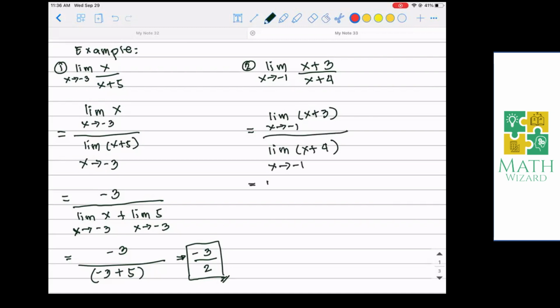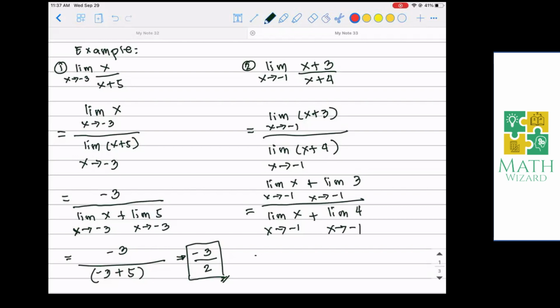So this becomes the limit of x as x approaches to negative 1 plus the limit of 3 as x approaches to negative 1 over the limit of x as x approaches negative 1 plus the limit of 4 as x approaches to negative 1.